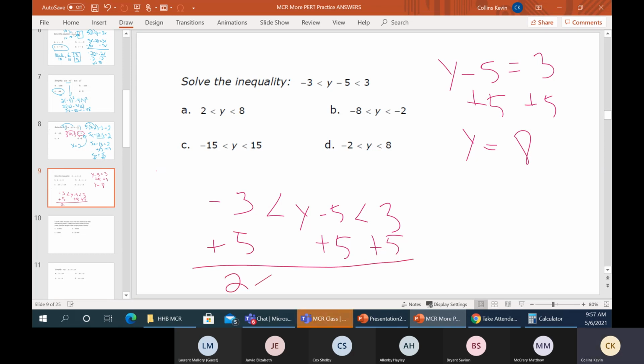I get 2. And then these cancel out, so I just get the y in the middle. And then I get 8. So that's our guy. Savian, what I think you did was you ended up thinking this was multiplying by 5. And I think you multiplied both sides by the 5. It looks like what happened with your situation.